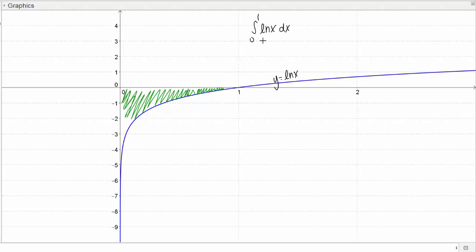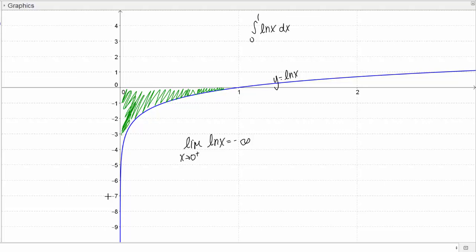But what's happening is that as x goes to 0 from the right, so from this direction here, we know that the natural log of x goes to negative infinity. And we can see that on our graph here. If we zoomed out even more, the y values here would just keep getting smaller and smaller as x got closer to 0 from the right.